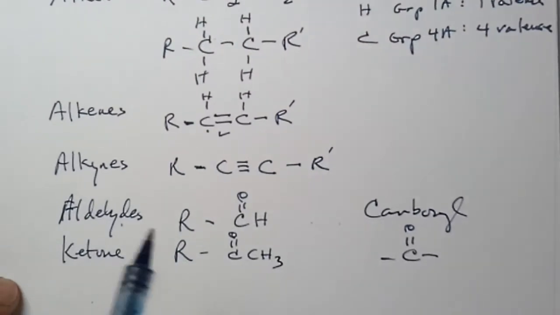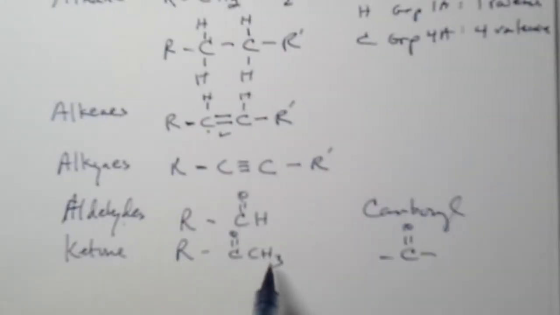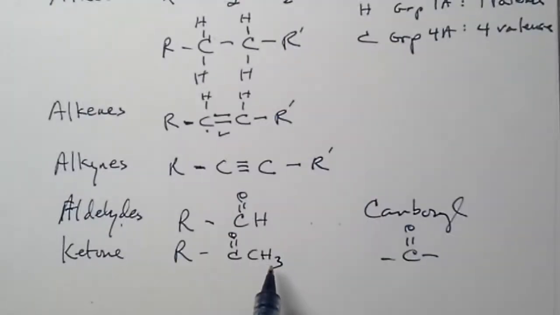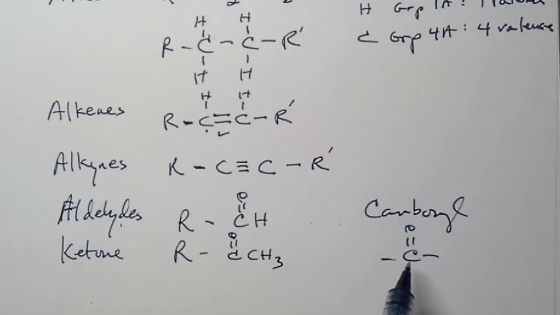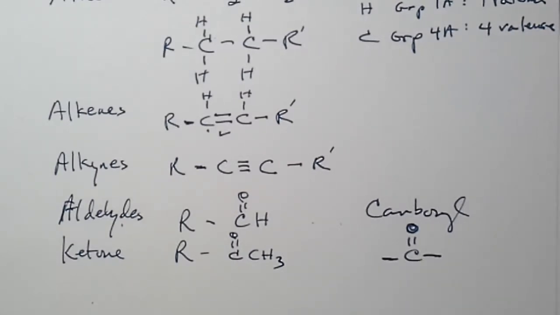Right here. Sorry. Aldehydes, hydrogen, ketones with a methyl group. The carbonyl is typically a carbon with double bond to oxygen. Alright. And this has properties involving electrons that will be important in biochemistry, as we should be seeing later on.